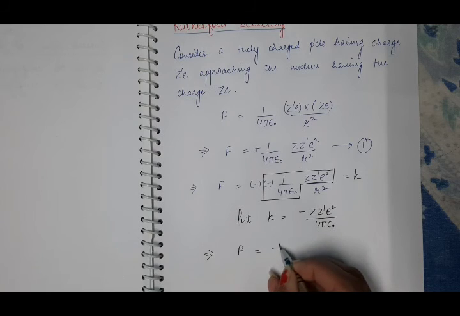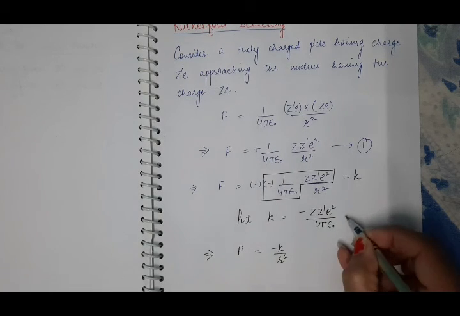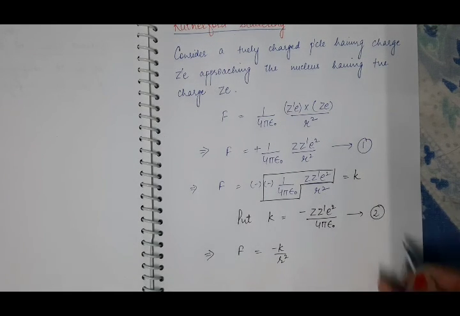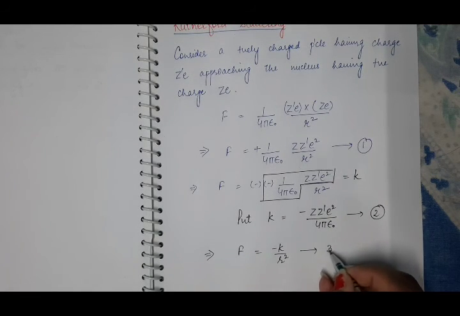It will be equal to minus K by R square, and suppose this is equation number 2 and this is equation number 3.